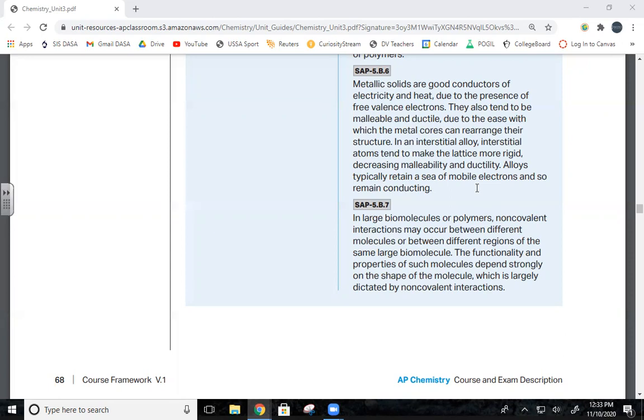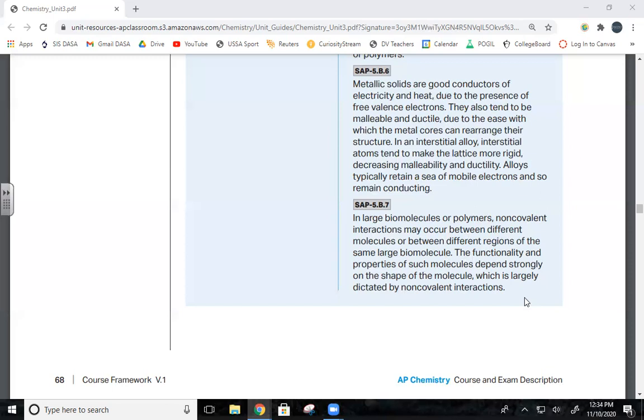Really what it's looking at is the functionality and properties. So for instance, proteins, okay? A protein is a type of polymer that has been folded on itself in a certain way. The functionality and properties of such molecules depend strongly on the shape. So proteins are folded and they have interactions between the different folds and layers of the protein.